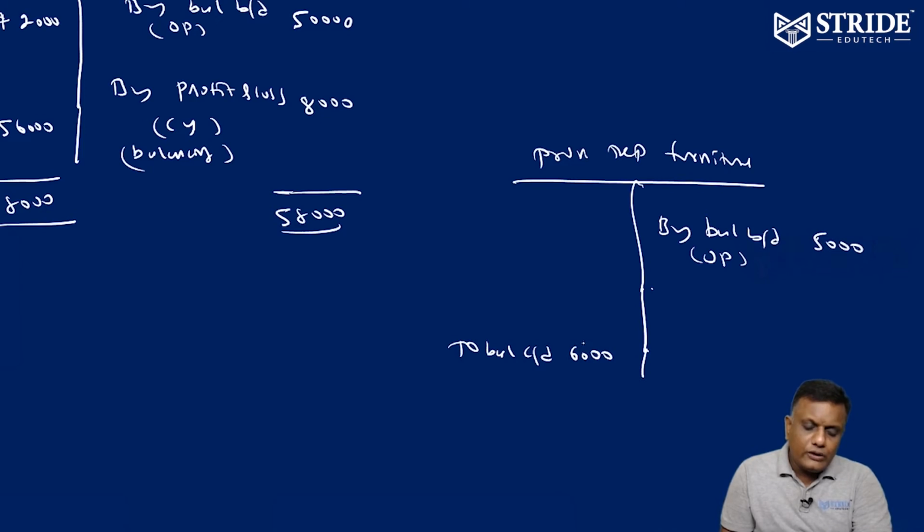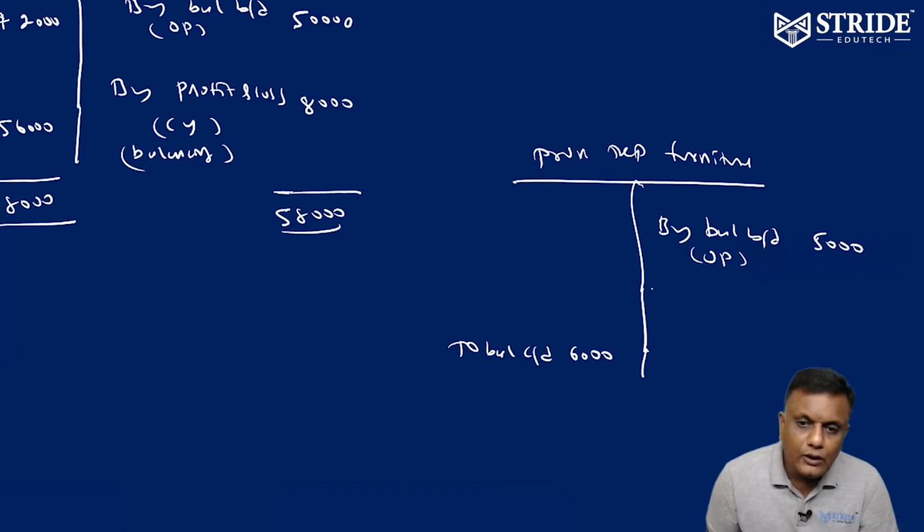Now June 30, 2015, an item of furniture was purchased for 2,000. Now, provision for depreciation we have prepared. So furniture opening 5,000, closing 6,000, which means this depreciation is transferred to the P&L account, nothing more.